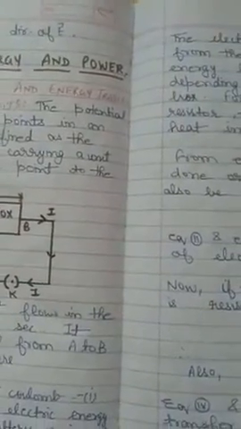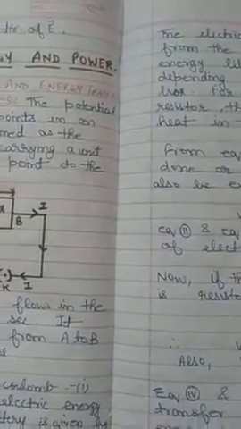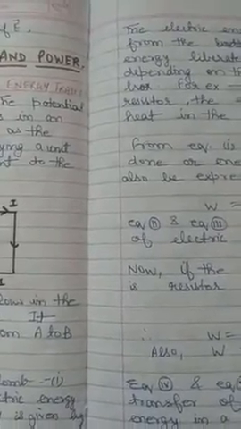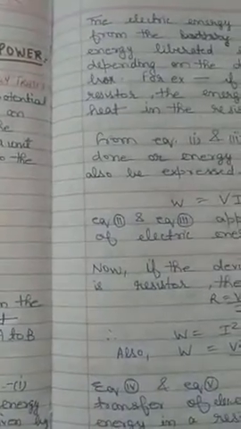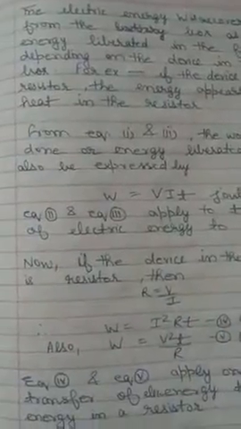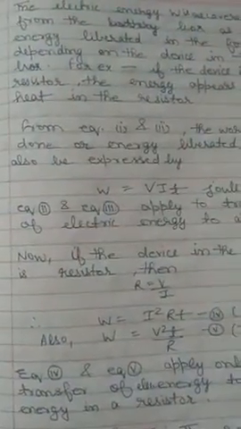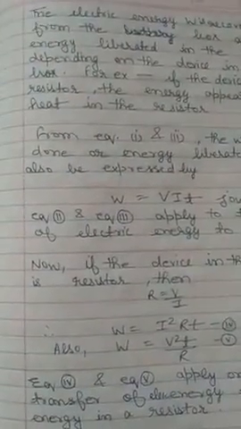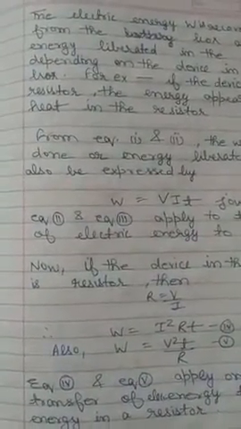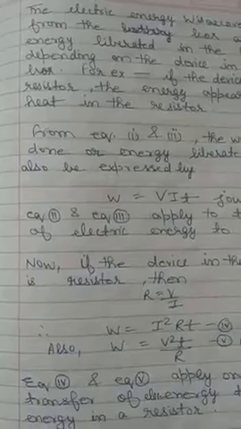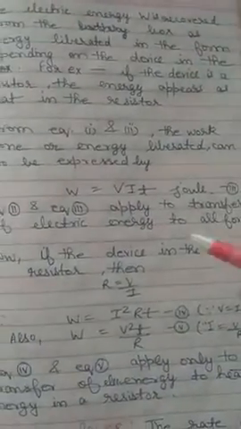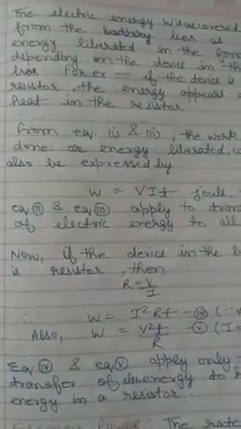And that electrical energy, if inside the box is a resistor, will appear as heat. Only when inside the box is a resistor. If there is a motor inside it, then the energy will appear as mechanical energy. Clear?